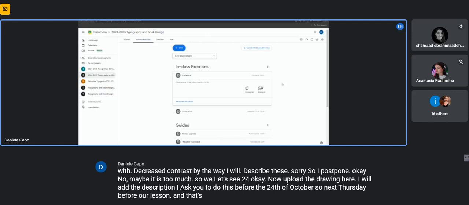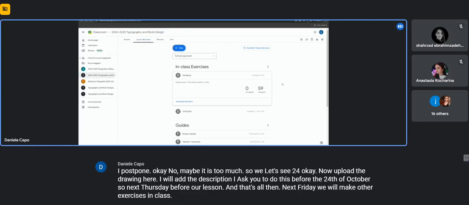And that's all. Then next Friday we will make other exercises in class. Okay? The assignment is to only remove the contrast from the letters below.